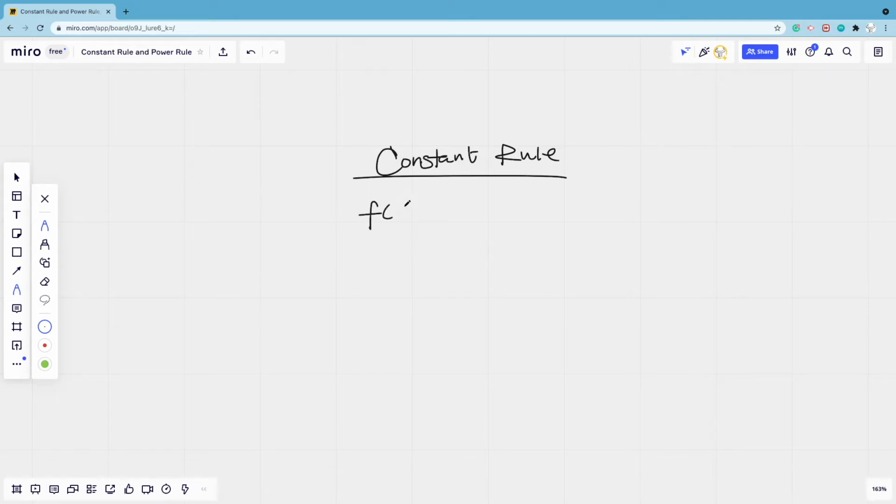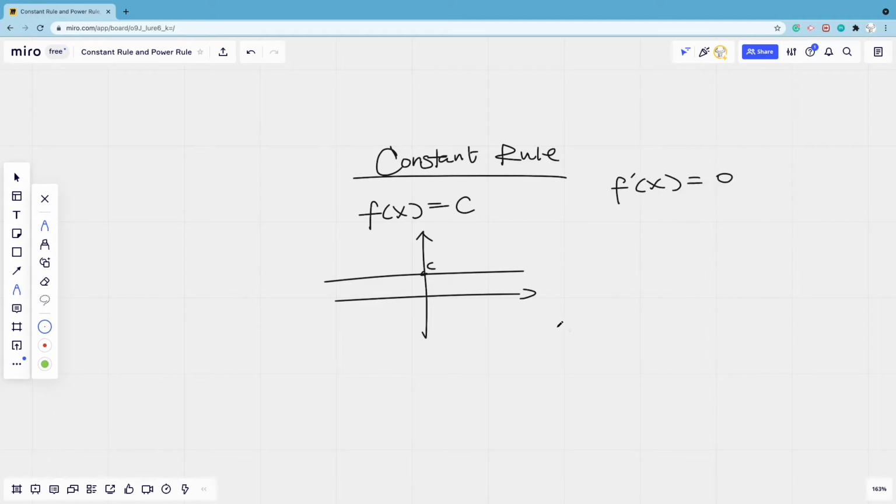So let's say f(x) equals c. Now we have a graph. Let's say it looks like this, and then c is here. So for f(x) equals c, we want to say the derivative of f(x) will be 0 everywhere. A simple proof will be by using the definition of a derivative.